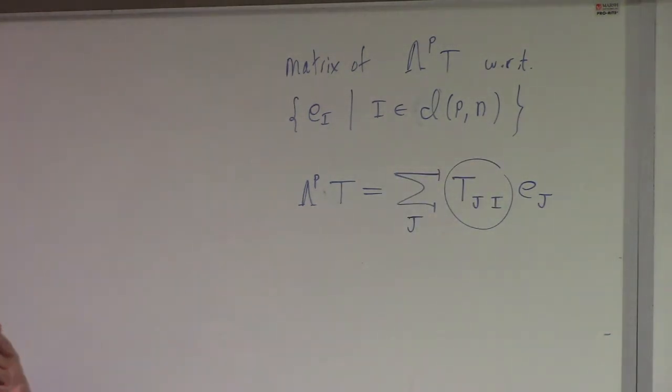It becomes the determinant when you look at p equals n, but before that it's like matrices of minors.